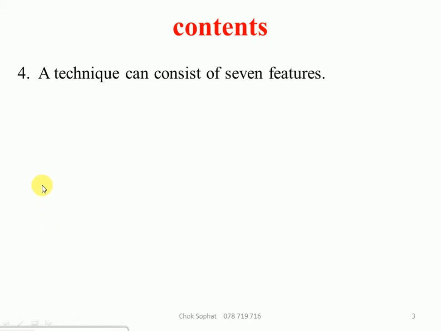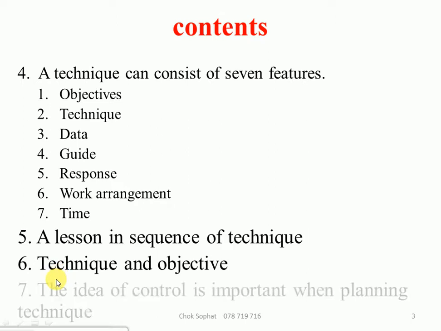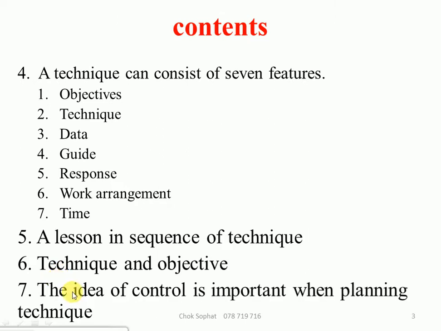And point number 4 is about a technique can consist of one feature. Here is one feature of the technique. And number 5, you are going to learn a lesson and sequence technique. Number 6, you are going to learn technique and objective, and the last point is the idea of control is important when planning a technique.